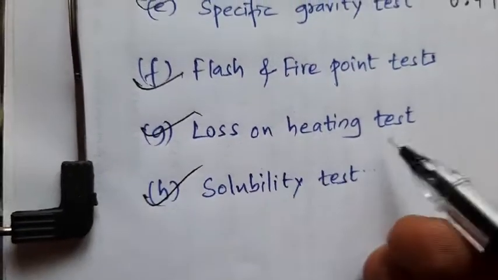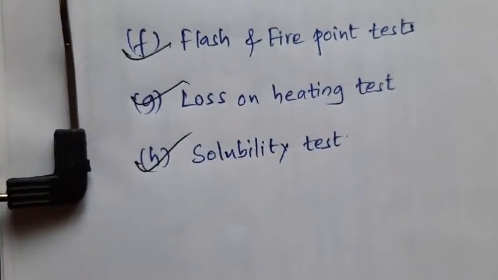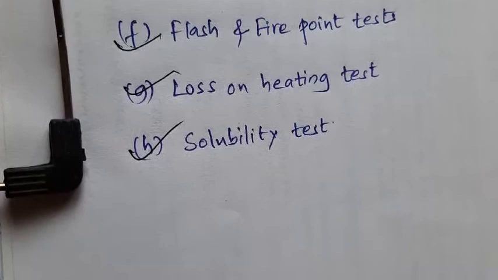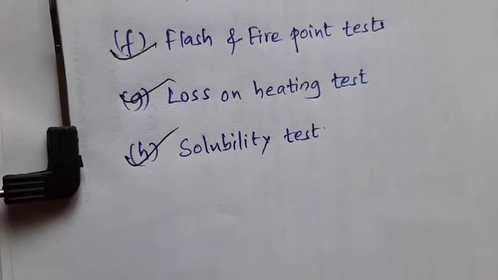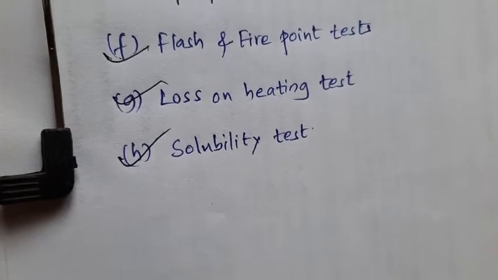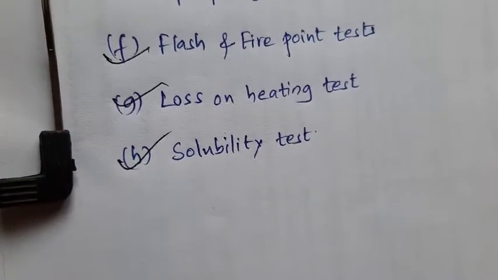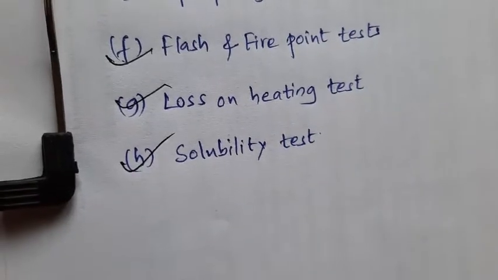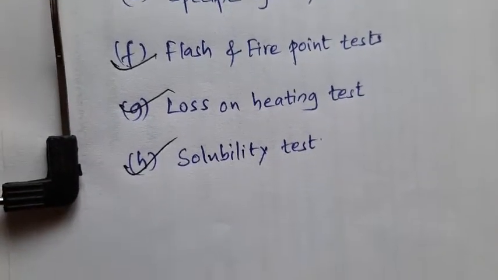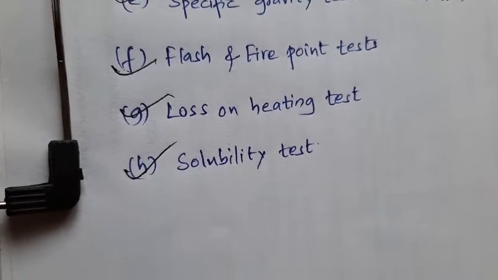And next is loss on heating and the solubility test. For loss on heating, you take about 50 grams of the sample, weigh it, and heat it to a temperature around 160 degrees Celsius for 5 hours in a special oven designed for this test. After the heating period, the specimen is cooled and weighed again. The loss in weight is expressed as a percentage of the weight of the original sample.